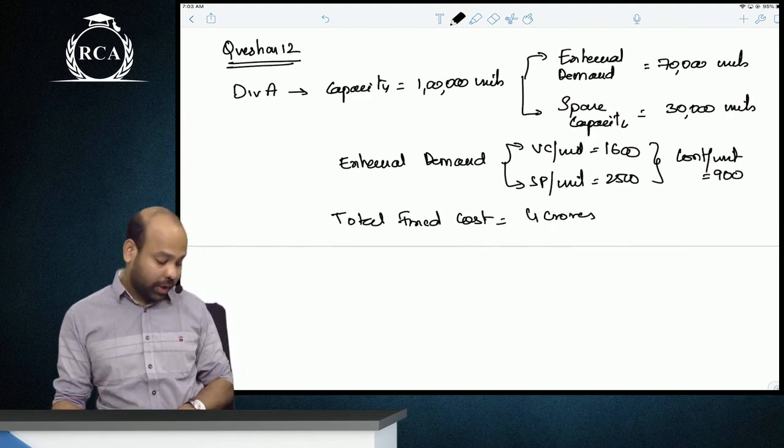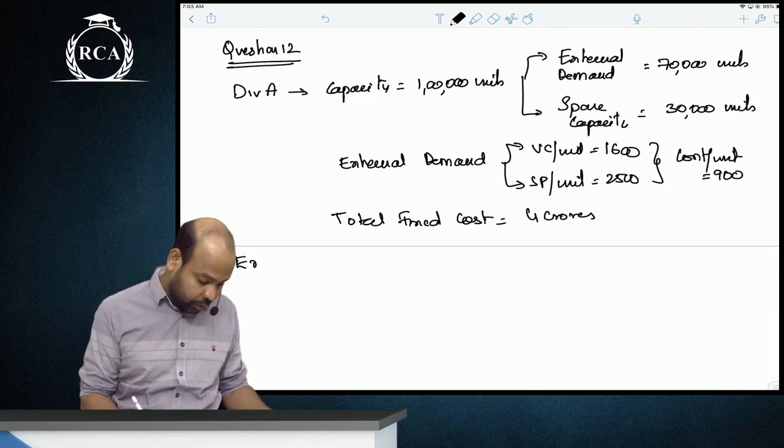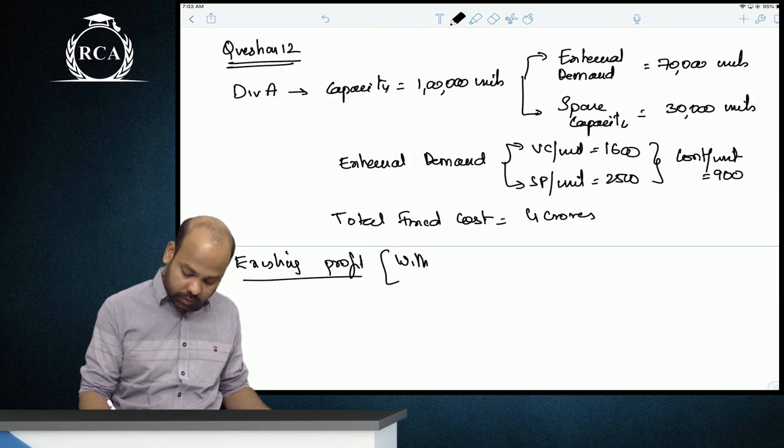Let us compute existing profit based on this information. Forget target profit. What is the existing profit, that is without internal transfers?